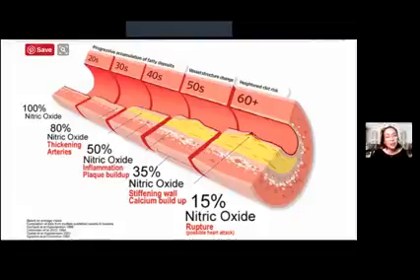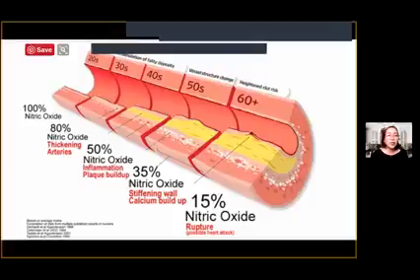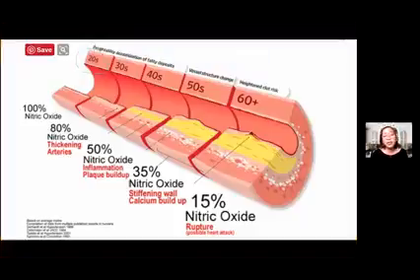So the 20s here, the 30s, these are actually the ages. When you are still young, in your 20s, look, it's still almost clean. There's not much deposit on your arterial wall.